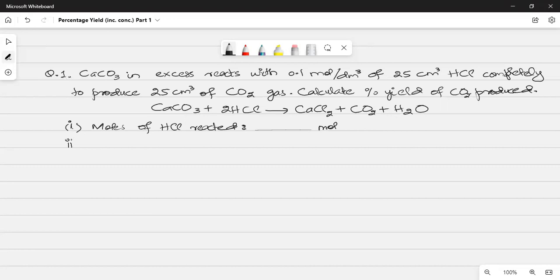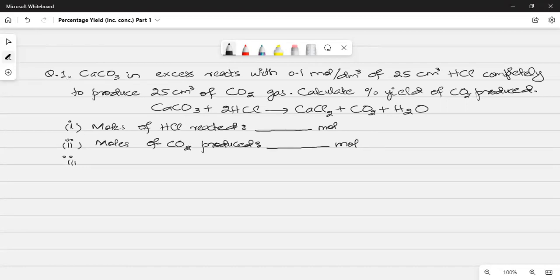Moles, then we have number 2, moles of CO2 produced. That too will be found in moles.